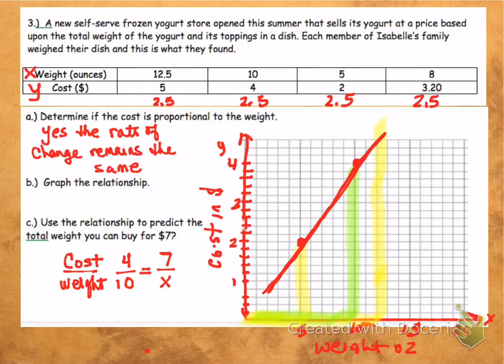Again, this is a proportional relationship, so that goes back to those skills that you learned in 7th grade to cross multiply, and multiply and then divide. And so we hopefully find that we can get 17.5 ounces for $7.